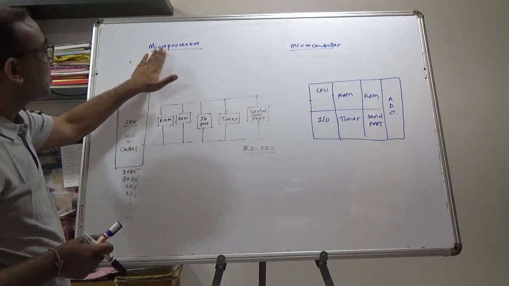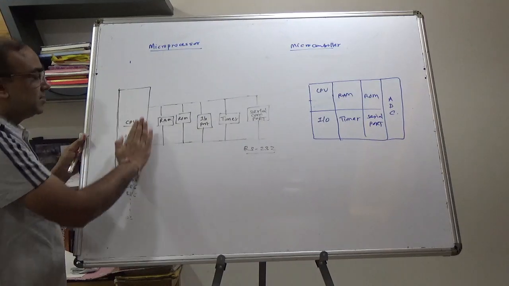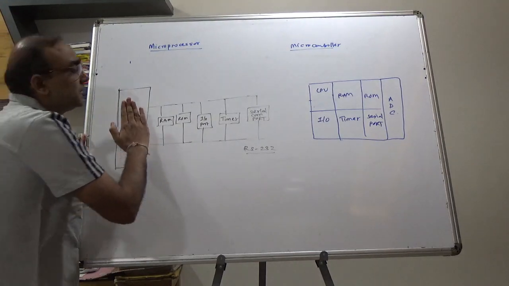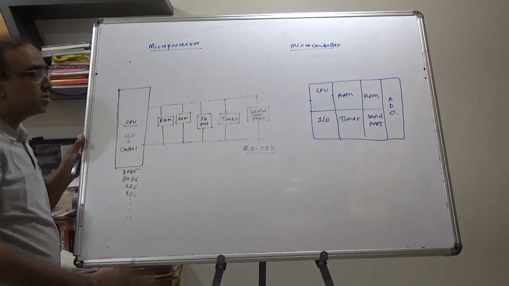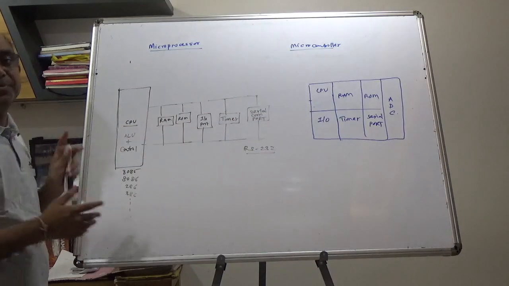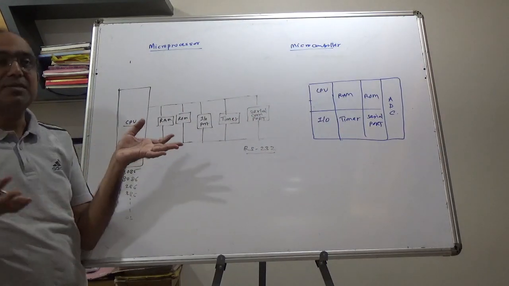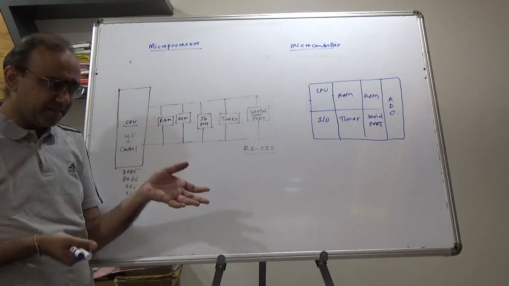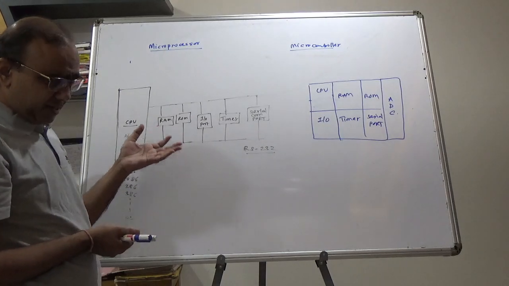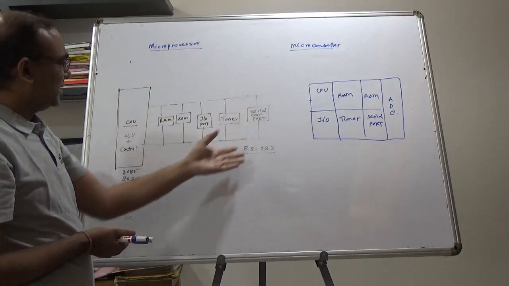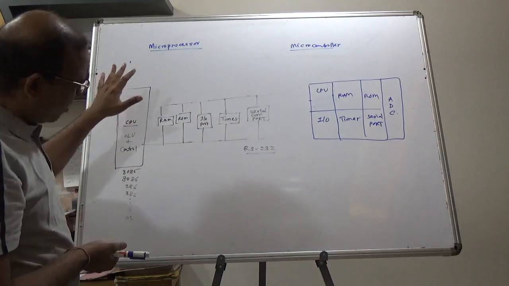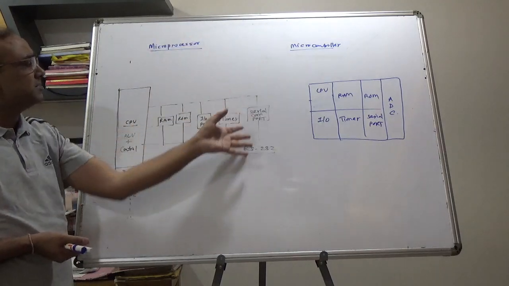So a microprocessor is one chip, and that chip is interfaced with other chips. So this becomes a complete motherboard, and that is what we find when we take the example of our personal computer. But for every application, this system is not needed.